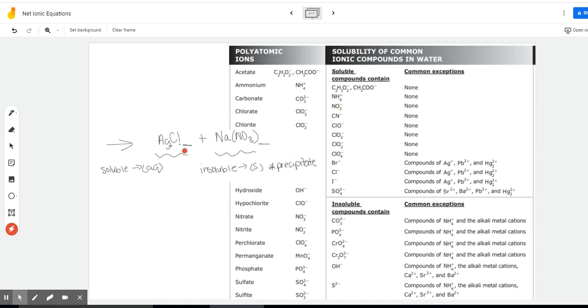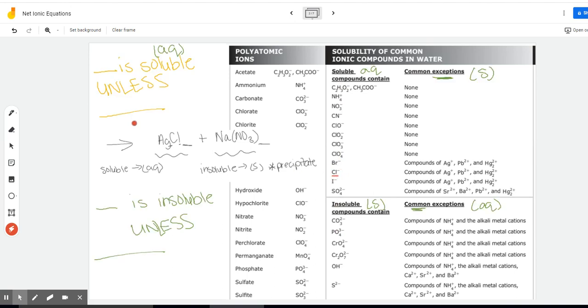So what we're going to do is look for our anion on this list. Search down the list. We're going to find chlorine. There it is, right here. Chlorine is soluble, is aqueous, unless, and then we look across, it says compounds of Ag, Pb, and Hg.